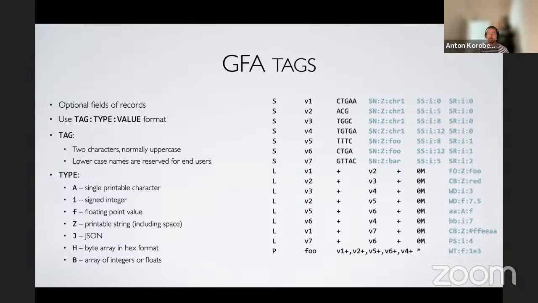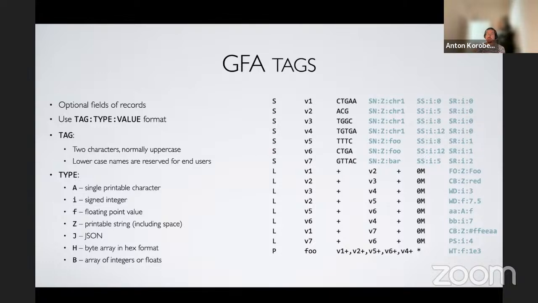So if you want to annotate your assembly graph with whatever you want, you could just use lowercase names for the tags, and consumers that adhere to the specification would just ignore them.